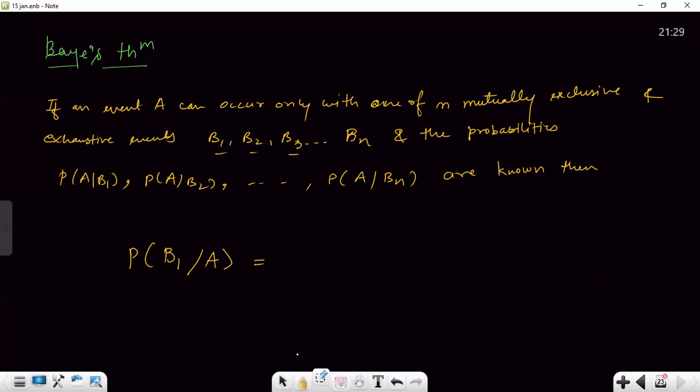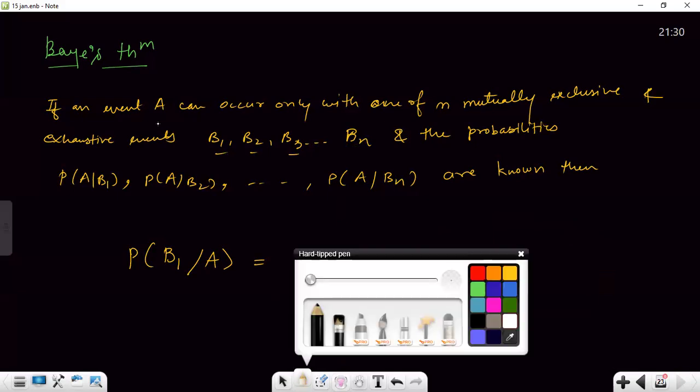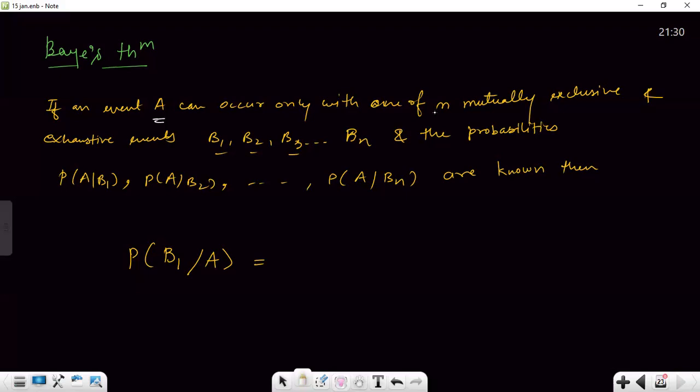theorem. And this theorem says that the probability of B1 event, given that A has happened. Basically, let's dwell upon the definition more: event A can only occur with one of n mutually exclusive and exhaustive events. So event A will only occur when there is B1 happening or B2 or B3, B4 or Bn.